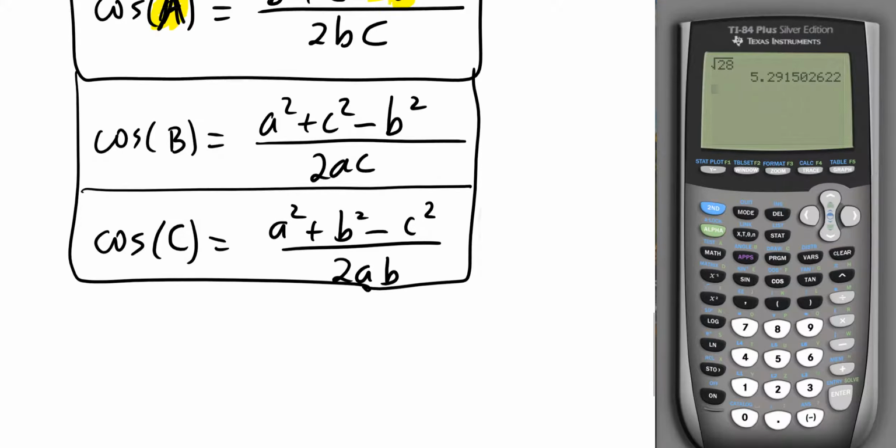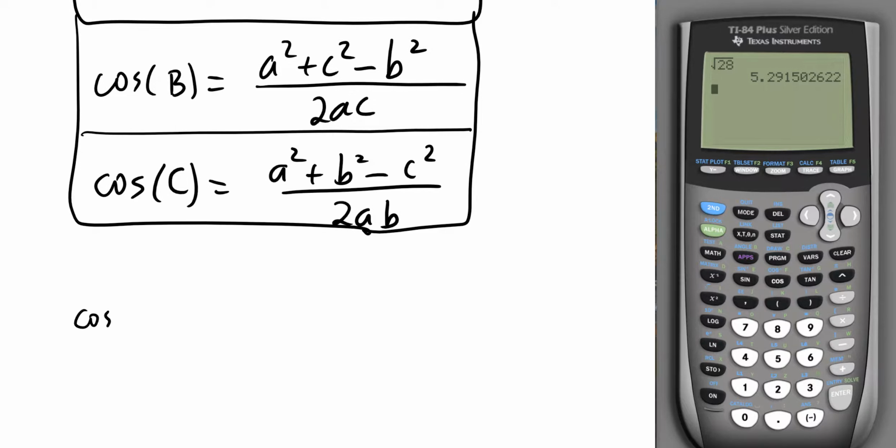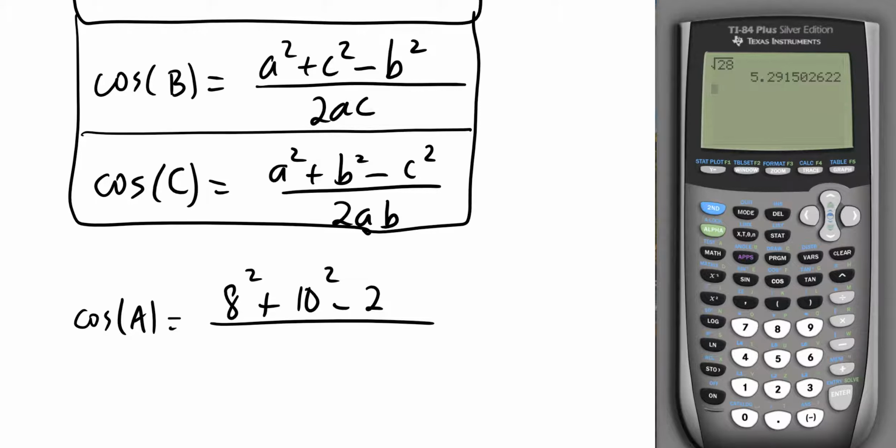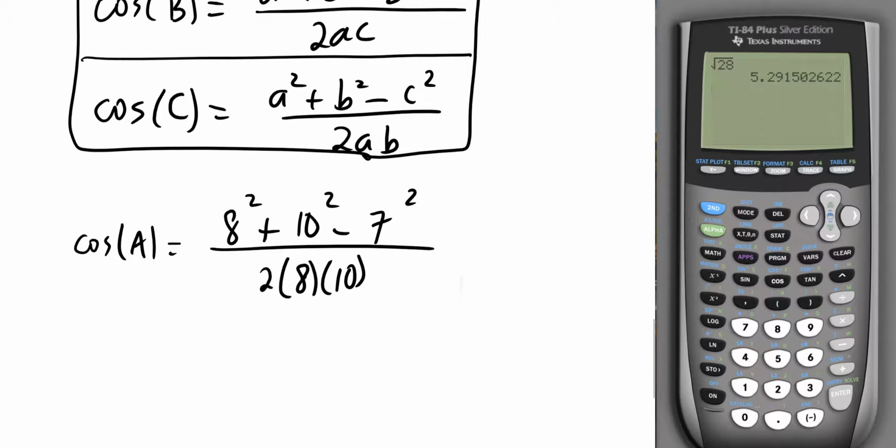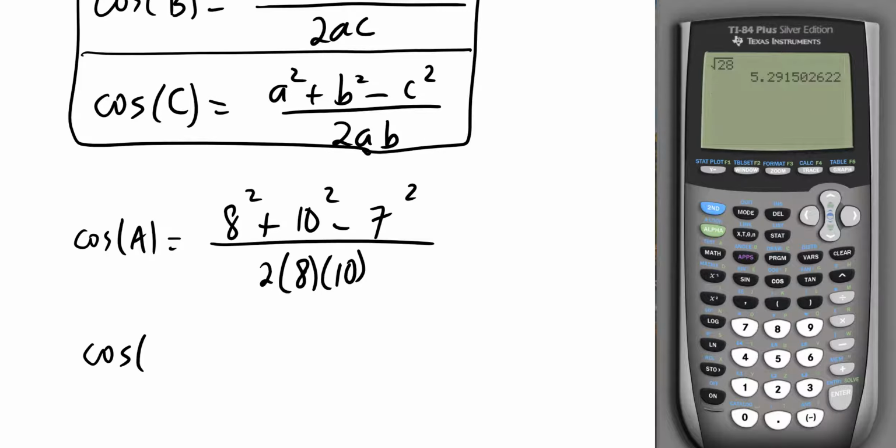So if I want to go back and find cosine A, I'm going to rewrite this again. Cosine A is b squared. b was given to us as 8, so 8 squared plus c squared. c is 10, so 10 squared minus a squared, which is 7 squared, over 2 times 8 times 10. Okay, so then cosine A equals, let's put that in the calculator.